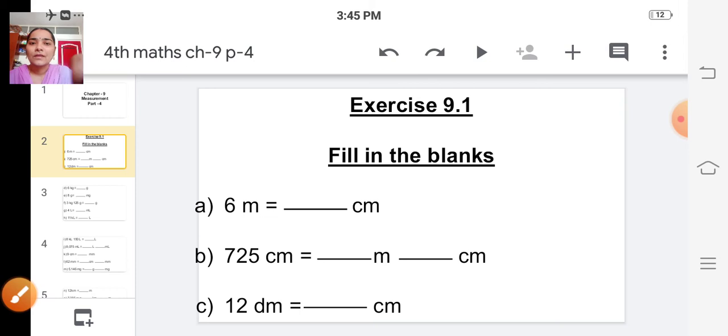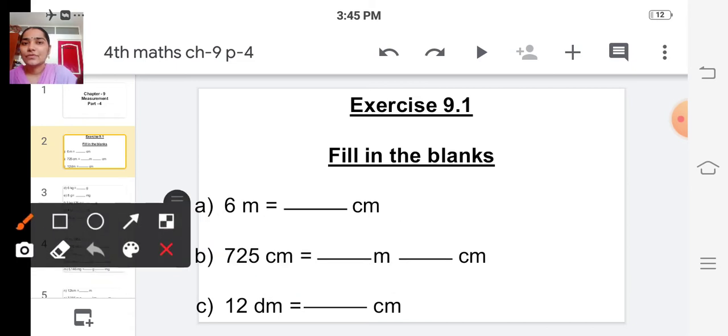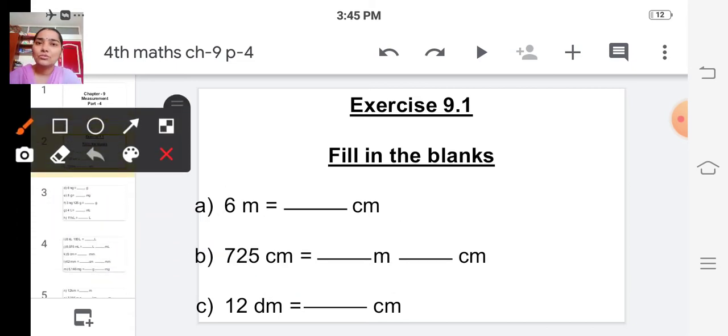The next problem, B, 725 centimeter is equal to dash meter and dash centimeter. So, what we have to do?